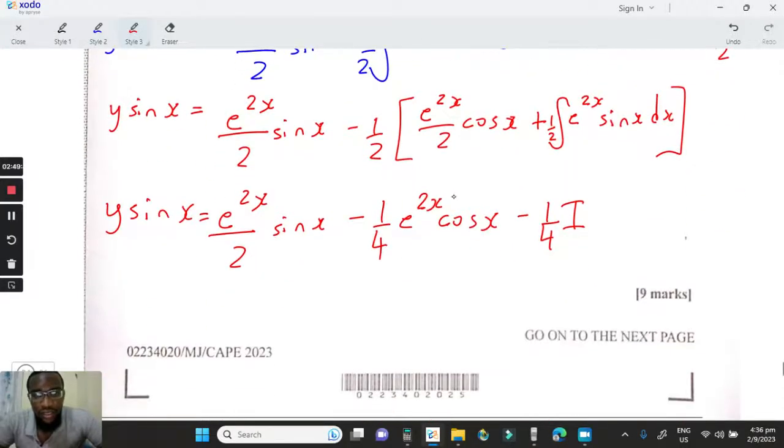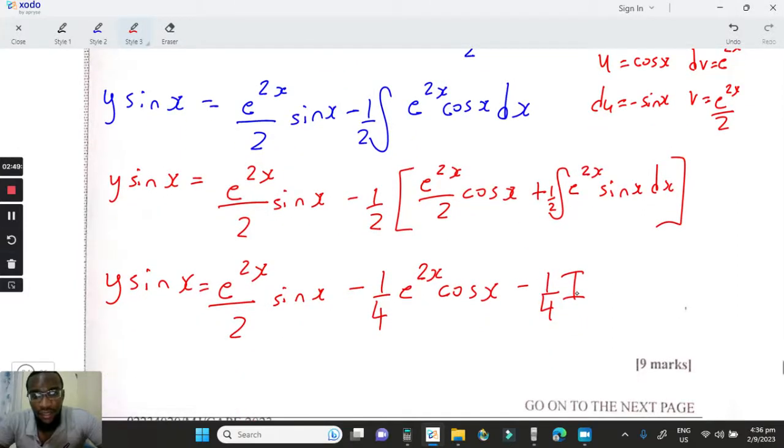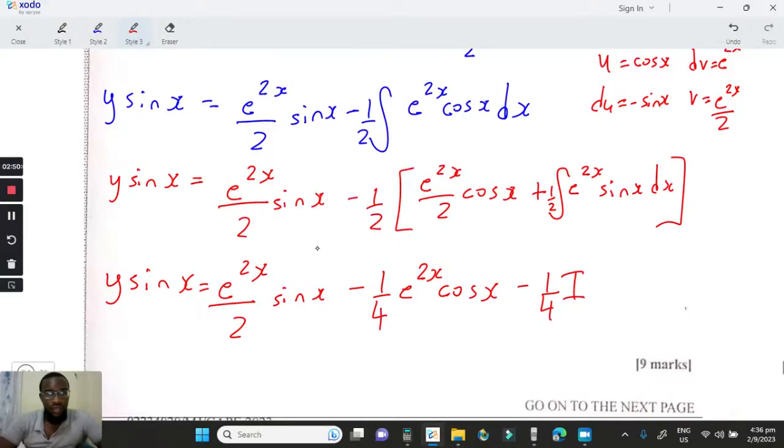Alright, so now we actually get to evaluate everything. So that's it, minus a quarter of I. Alright, so in that case now we need to bring everything else to one side.